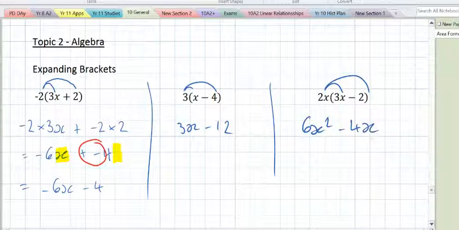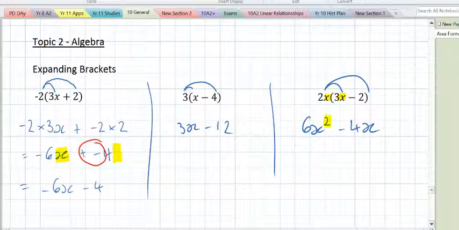Wow, well done. She's doing it very quickly. Most people take 2 steps for that. That's good. So the 6x is squared because we have an x times an x. So that x times x gives us the x squared.